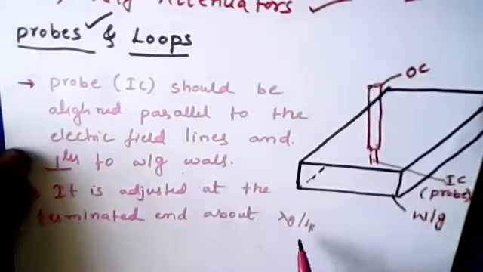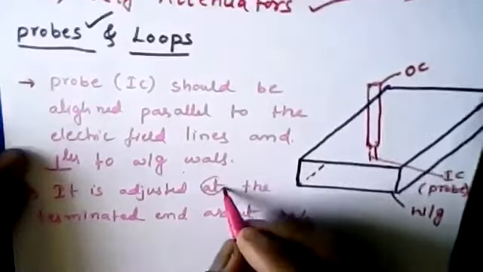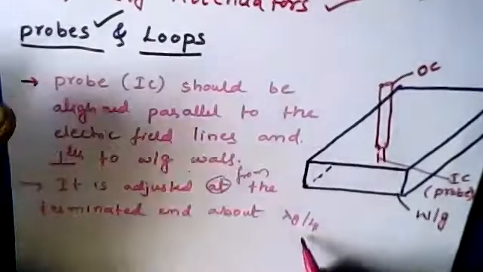It is adjusted from the terminating end, about lambda g by 4.